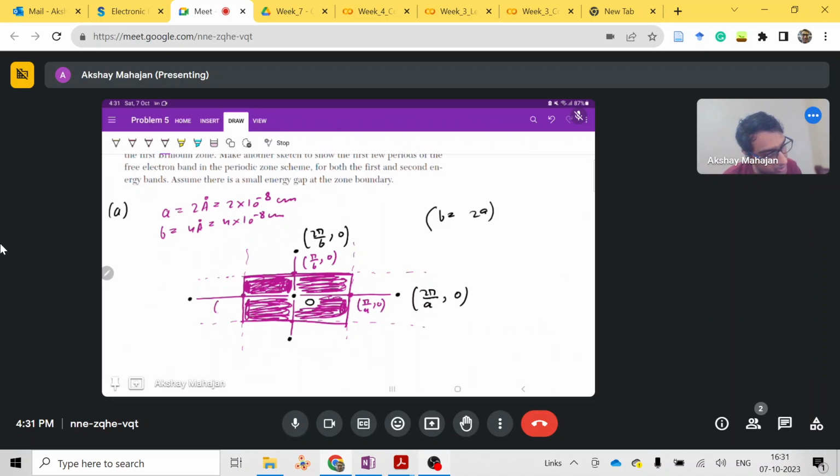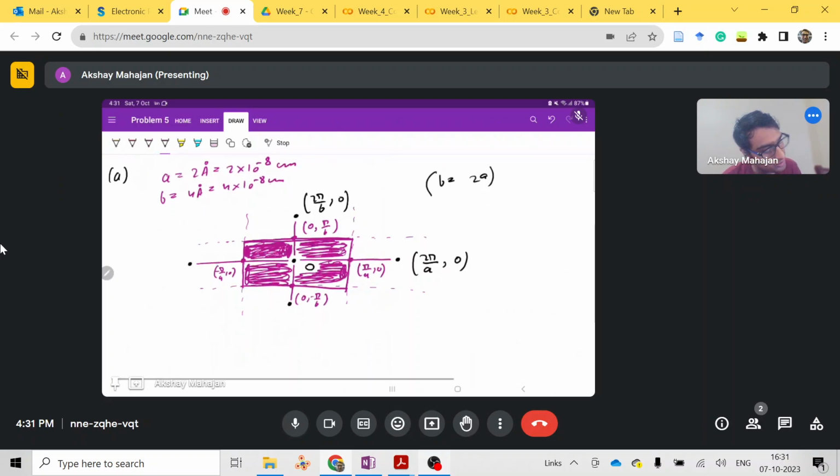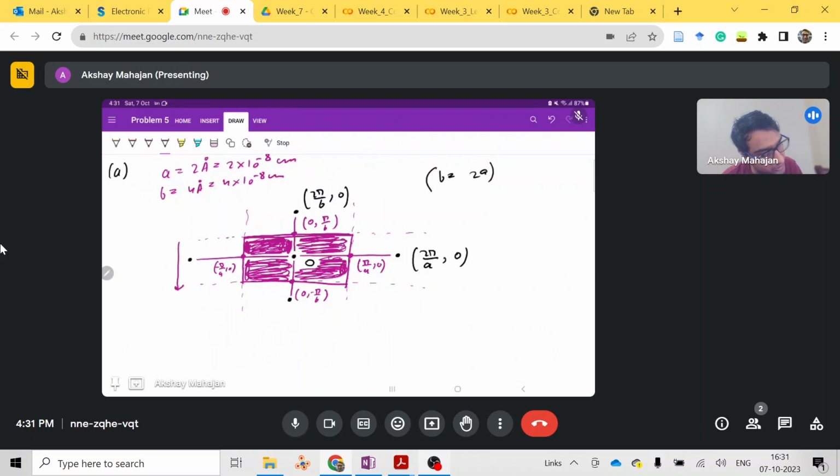This is pi by a comma 0, this is minus pi by a comma 0, this is 0 comma pi by b, and this is 0 comma minus pi by b. So this dimension is 2 pi by b, and this length comes as 2 pi by a.